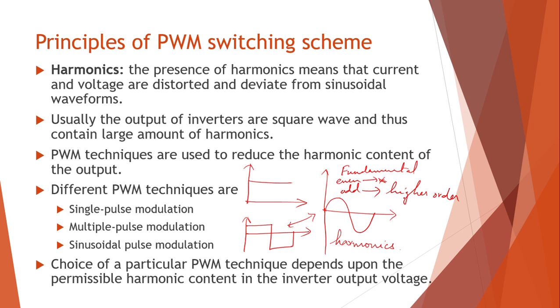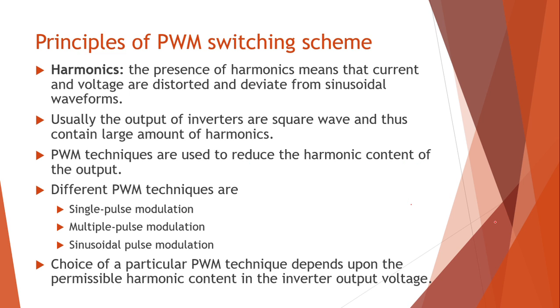Among the third, fifth and seventh, the third and the fifth are always the most dangerous because it is very difficult to remove them. But the higher order harmonics you can filter out easily using any type of filter circuit. So that's also one of the points that we need to remember.